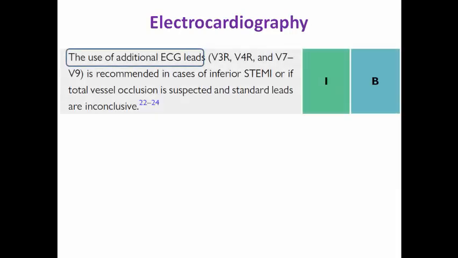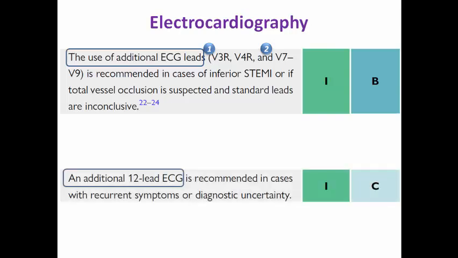Use additional ECG leads like right or posterior ECG leads in cases of inferior STEMI, or if total vessel occlusion is suspected and the standard 12-lead ECG is inconclusive, and if the first ECG was apparently normal, repeat a follow-up 12-lead ECG in case of recurrent symptoms or diagnostic uncertainty.